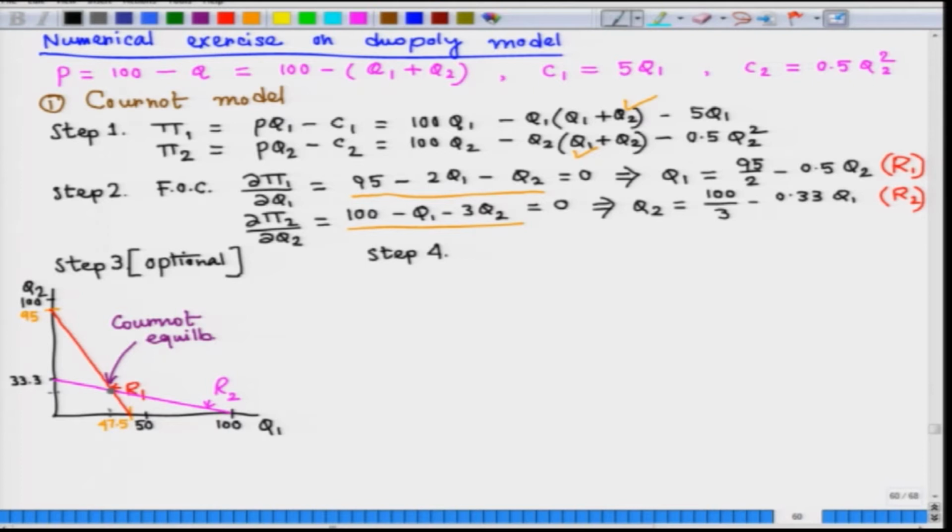So, step 4 would be the algebraic solution of the Cournot duopoly model, and for that we have to use these reaction functions only. Basically, we have to find the solution of these two first order conditions which lead to the reaction functions. So, we are after finding the intersection point of two reaction functions, right.